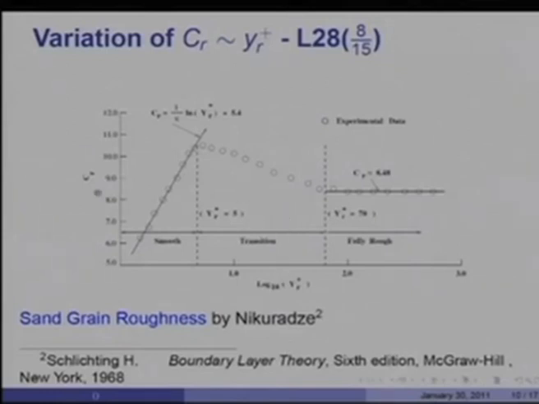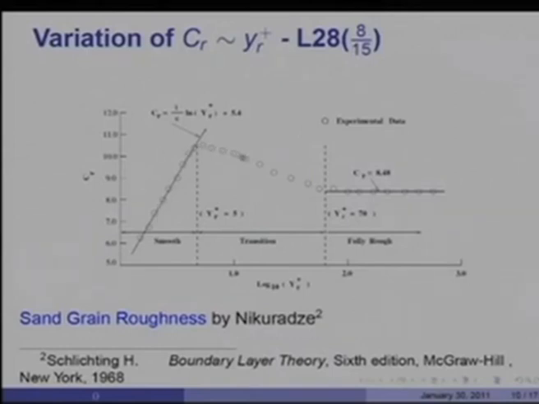So, you will find C R versus log 10 of y r plus, when it is perfectly linear and rising, it's a perfectly smooth surface. y r plus itself is very, very low, and therefore, it is not really a rough surface. So, we say up to here the surface is smooth.